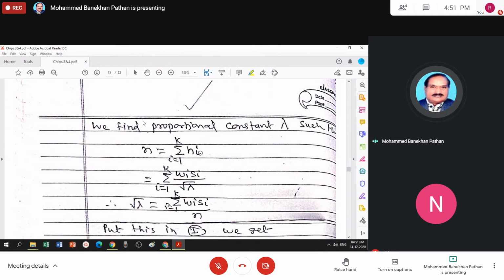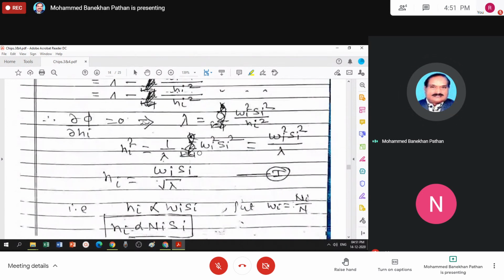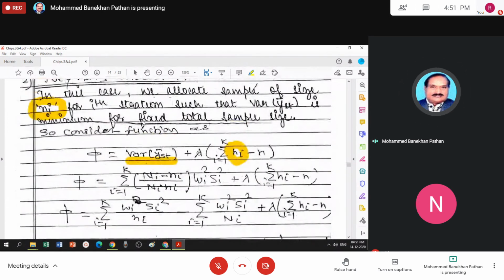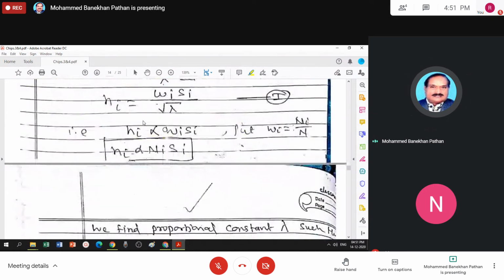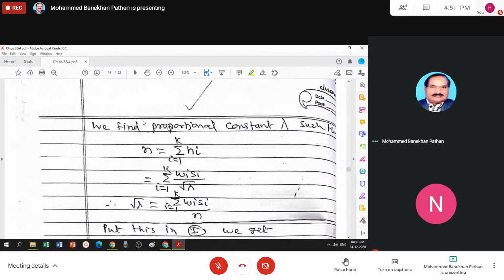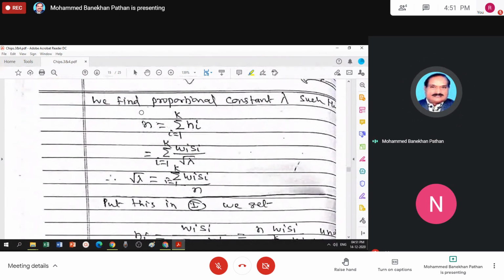Why is it so? Because we start our procedure by assumption. What assumption? The total sample size should be fixed. So I want to decide the proportional constant root lambda such that my total sample size will be fixed.